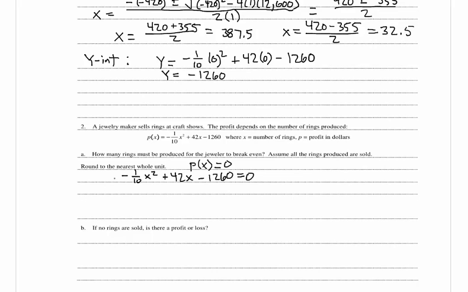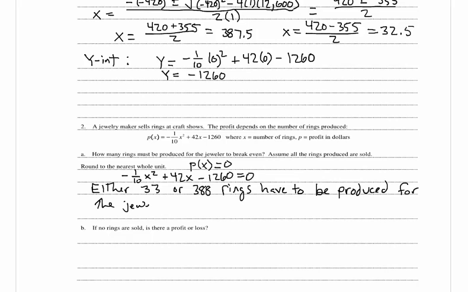So we can say that either 33 or 388 rings have to be produced for the jeweler to break even.